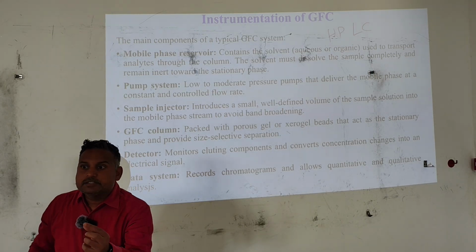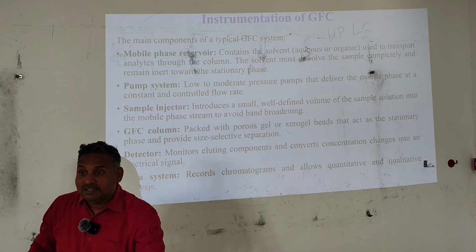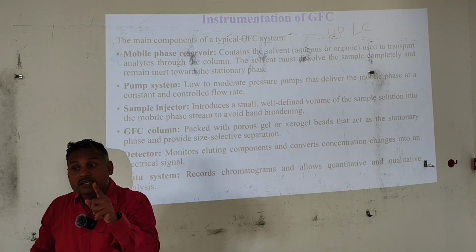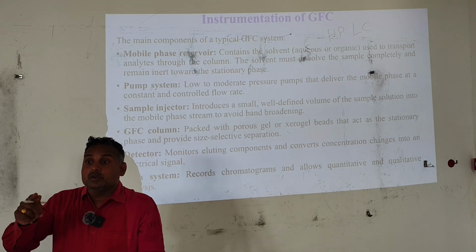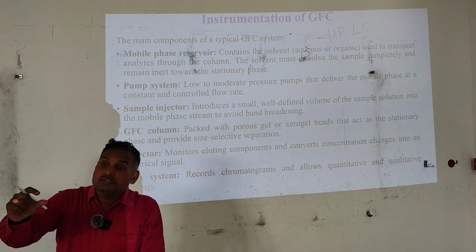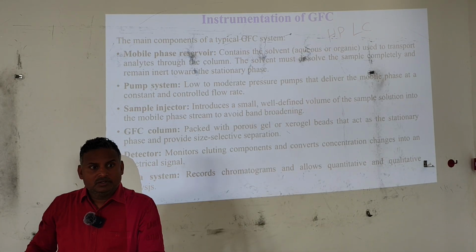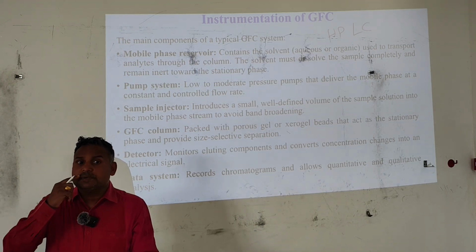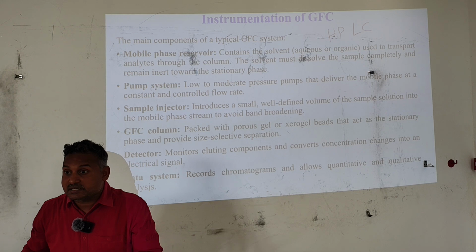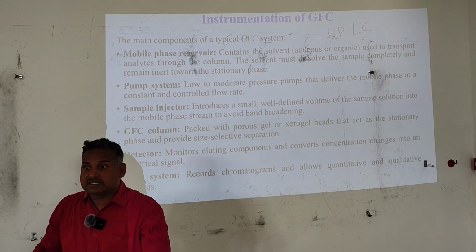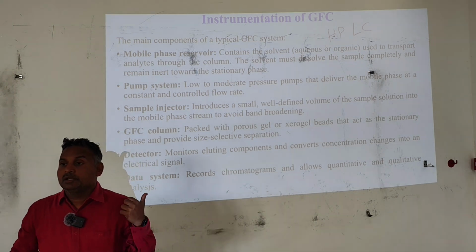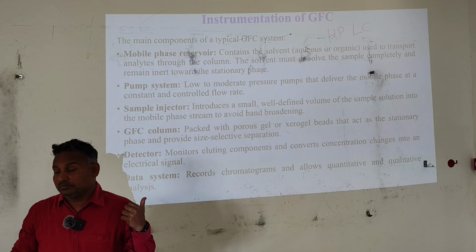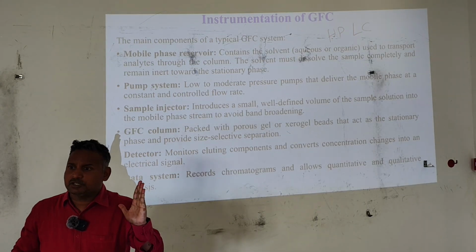What we are doing is changing the column. If you are using HPLC for ion exchange, you need to use an ion exchange column. If you want to separate molecules of different size, then you prefer to use the gel filtration column. So it is not a different chromatography.